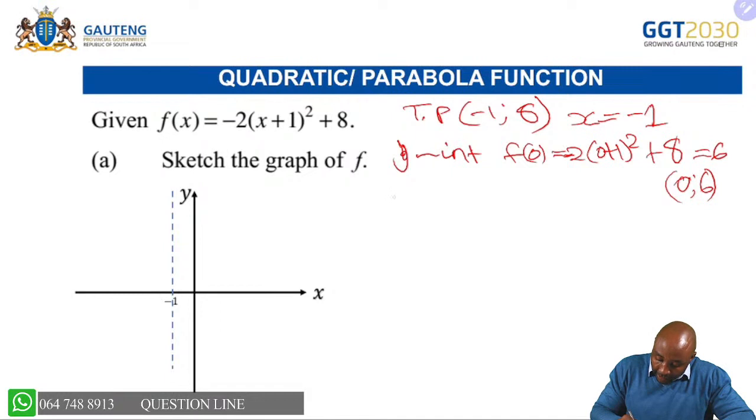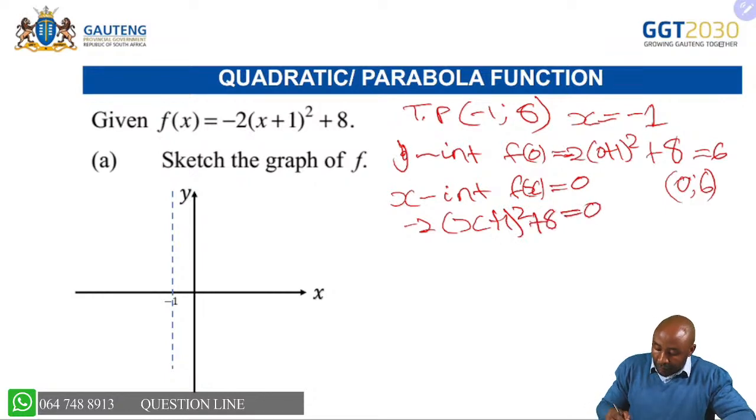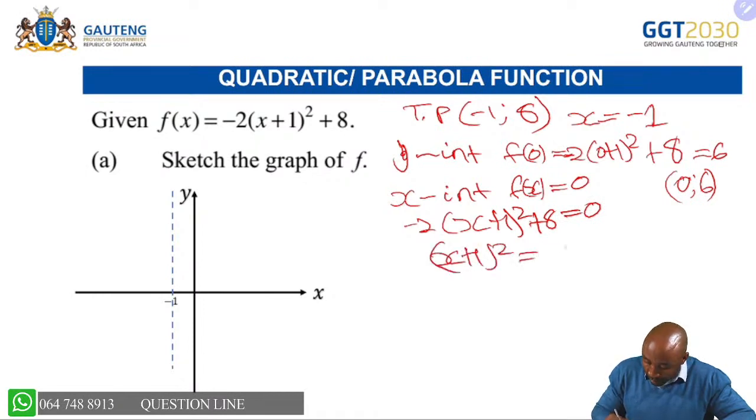To get our x-intercept, we know that we are evaluating f of x is equal to 0, and we are solving the equation -2 times (x plus 1) squared plus 8 is 0. We can quickly have (x plus 1) squared is equal to, when we transpose 8, it becomes -8. We divide by -2, that will give us +4.